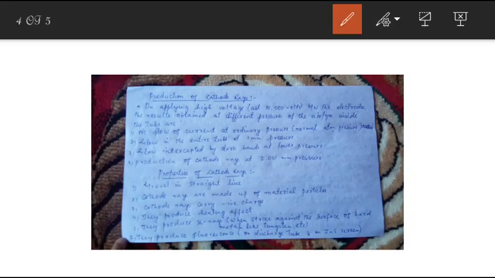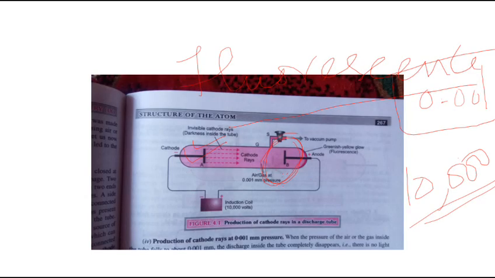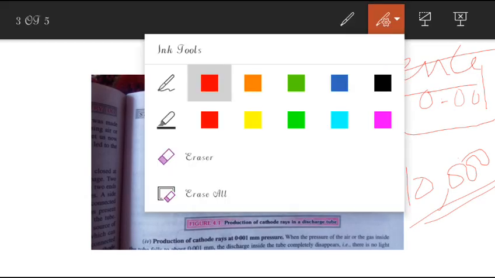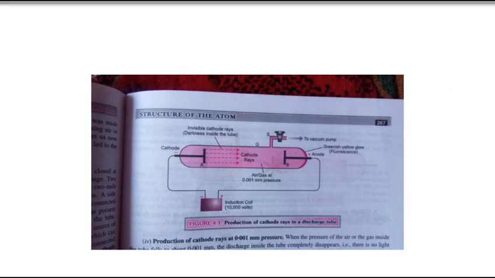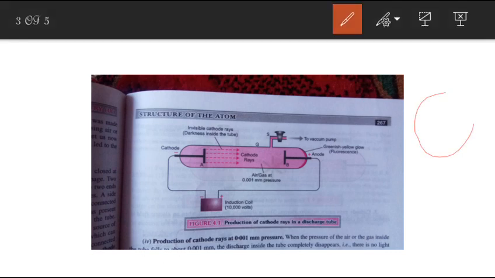Cathode rays travel in a straight line. They travel in a straight line. How do they travel in a straight line? For instance, if we take an object such as a metal cross or a wheel, you know what a wheel is?